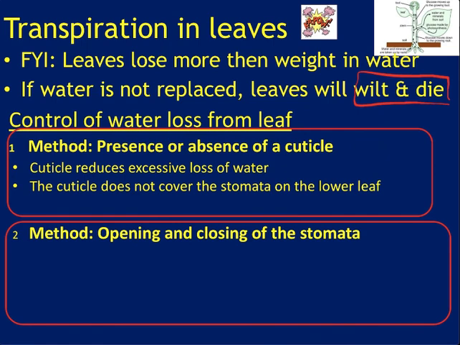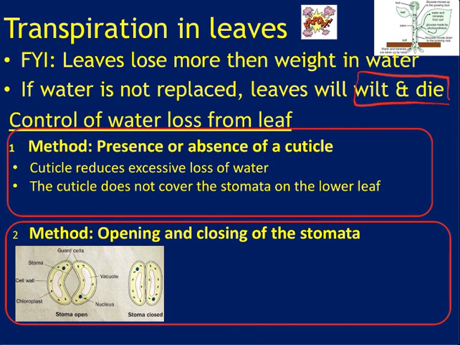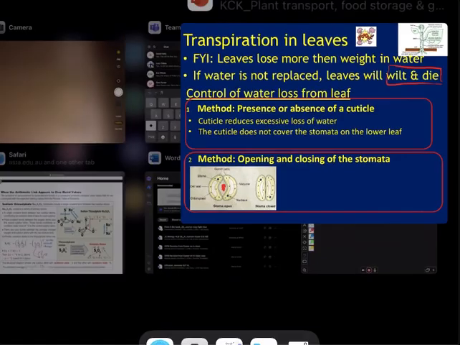And the second method is the opening and closing of your stomata. So at the bottom of your page 179, you can put this little diagram in here. So this is your stoma. If you were looking at the bottom of a leaf when it's open, this is the gap that's there. So again, if we're drawing this, I will come out and draw it for you.